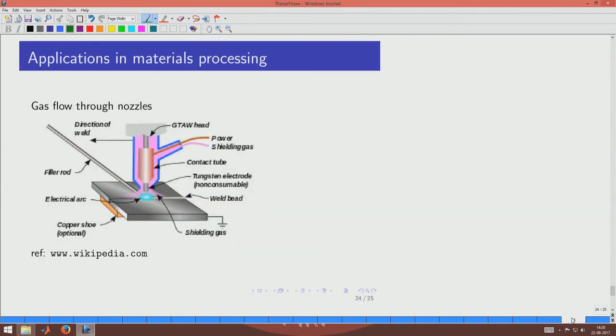So, here is another metallurgical situation where we have a welding setup. Okay. So, here we have a welding torch, a plate that is being welded, and the torch is going to move from the left side to the right hand side, and the liquid metal is at the center, and to protect the liquid metal from getting oxidized by the ambient air, we have a gas shroud. So, the gas is going through these and it is going to form a shroud around the liquid metal to protect it.